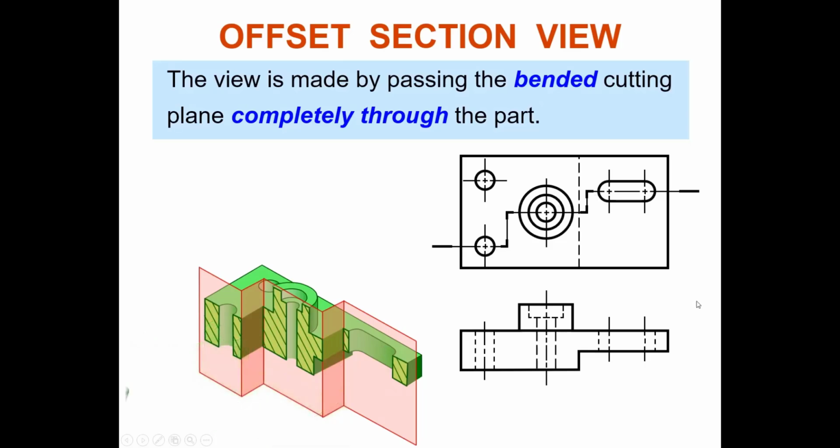You remove half, then you look: your front view will have section lines. Can you see, is there any hidden line? No hidden line. And even at the back there are some structures that cannot be seen, but no hidden line. Remember this, very important.